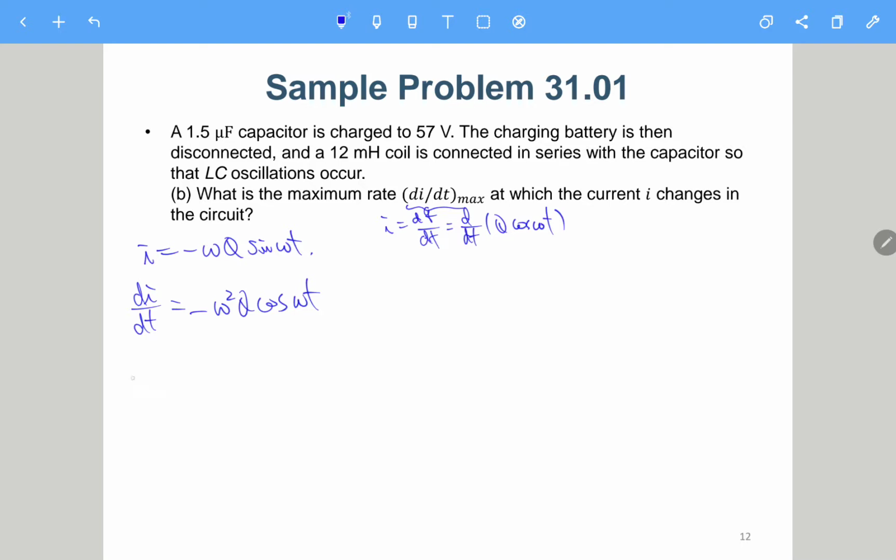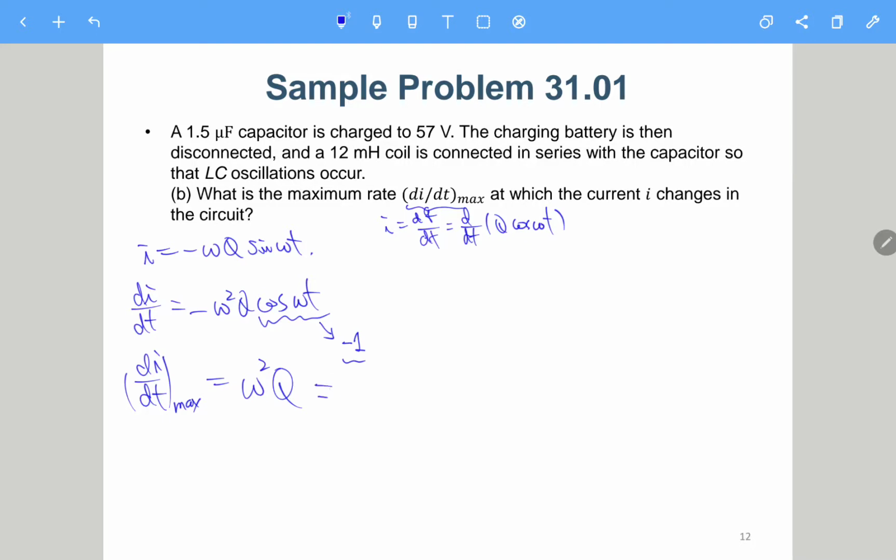Here we consider di/dt max. Di/dt max will be nothing but omega square q, which happens when cosine of omega t equals negative 1, then the whole function takes the maximum value.